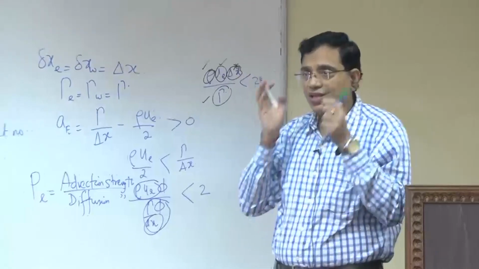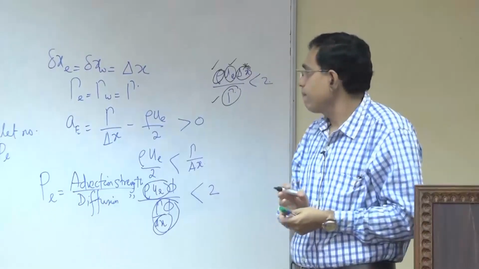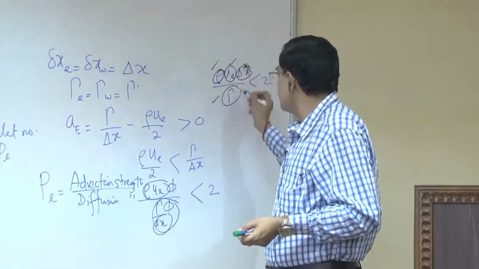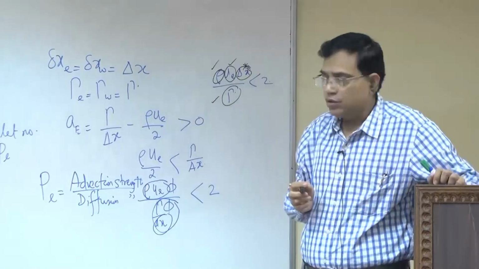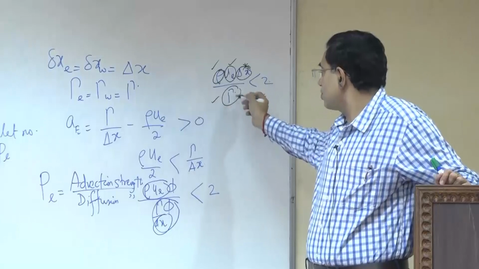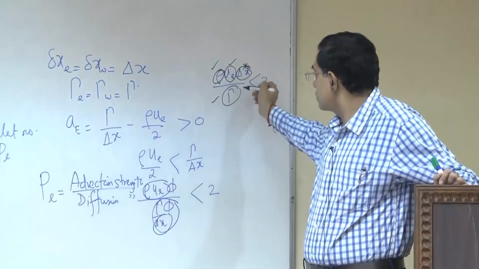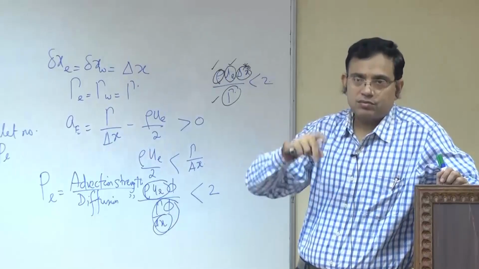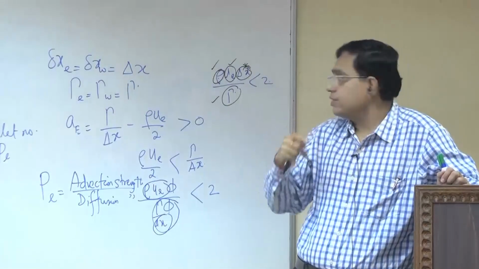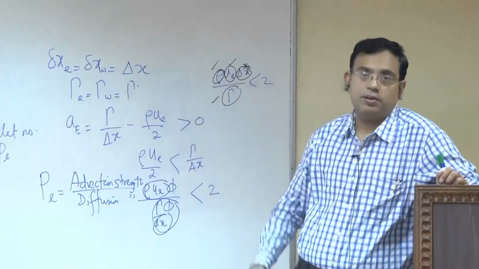Now, if you understand physically that there is a chance this can become large, so maybe density or gamma and delta x, these you have fixed, but when you are running different problems, different situations, this u can blow up.